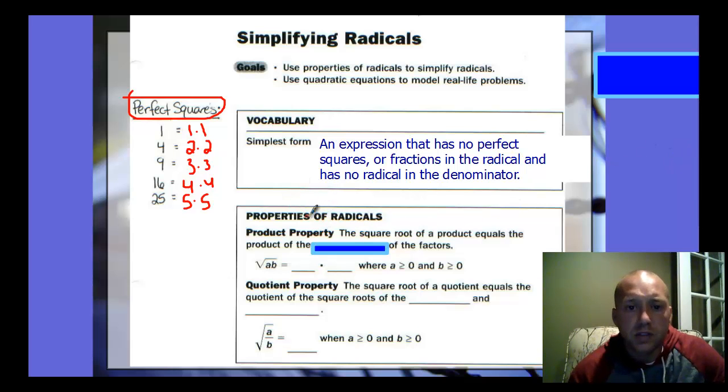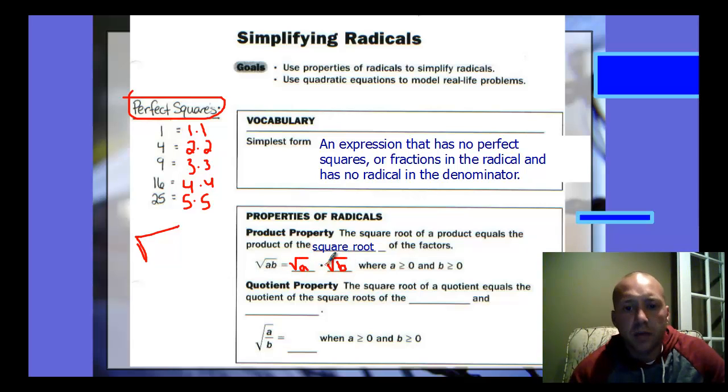So the radical sign is the square root sign. When we have a square root sign, this is the radicand, and it's the radical. So the square root of a product equals the product of the square roots of the factors. So the square root of a times b is the square root of a times the square root of b.